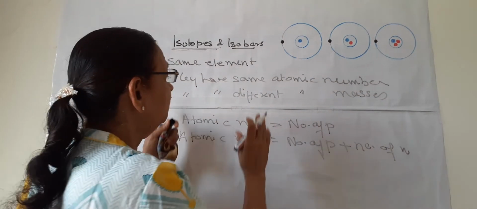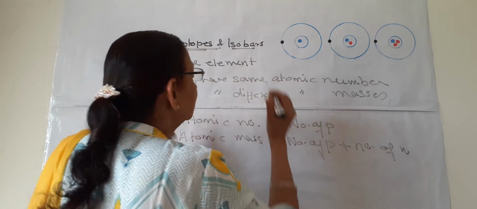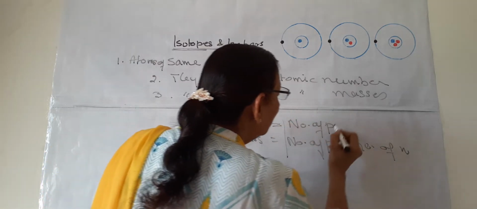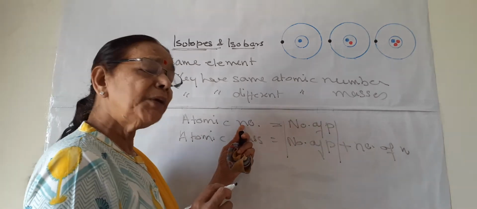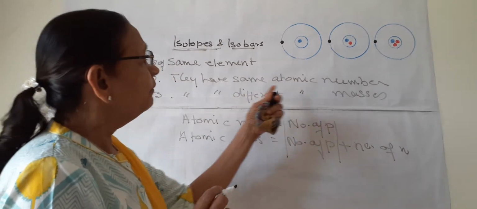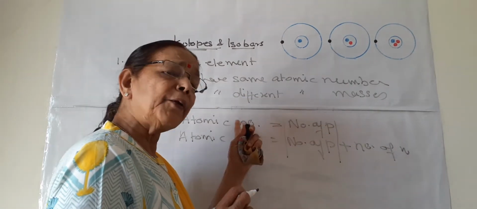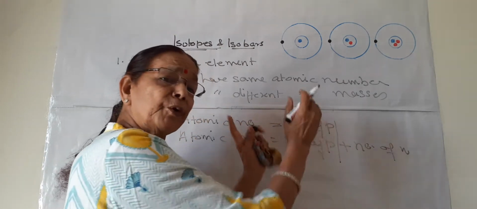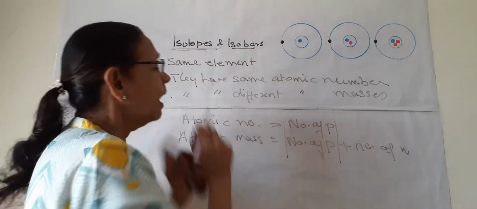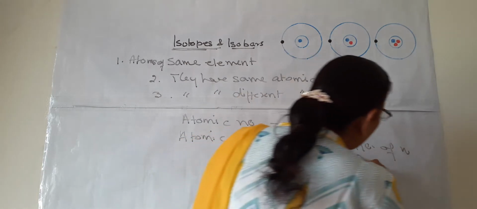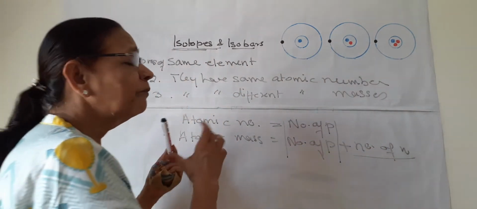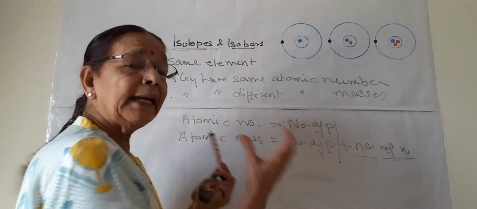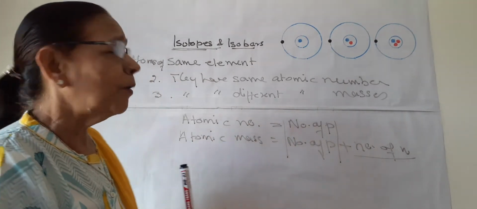So in these isotopes, the number of protons is the same because they have the same atomic number. But the number of neutrons varies. They change from one atom to another, and then isotopes are formed.